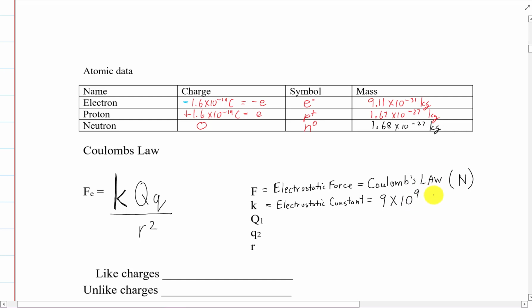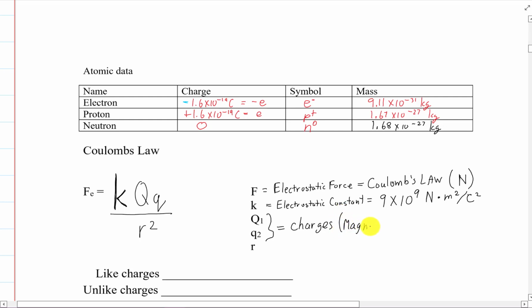Its units are weird. I'm only going to write down the units for it maybe this one time, maybe not, maybe a couple more times. It's newtons times meters squared divided by coulombs squared. Q1 and Q2 are both charges, and they're both magnitudes of these charges.